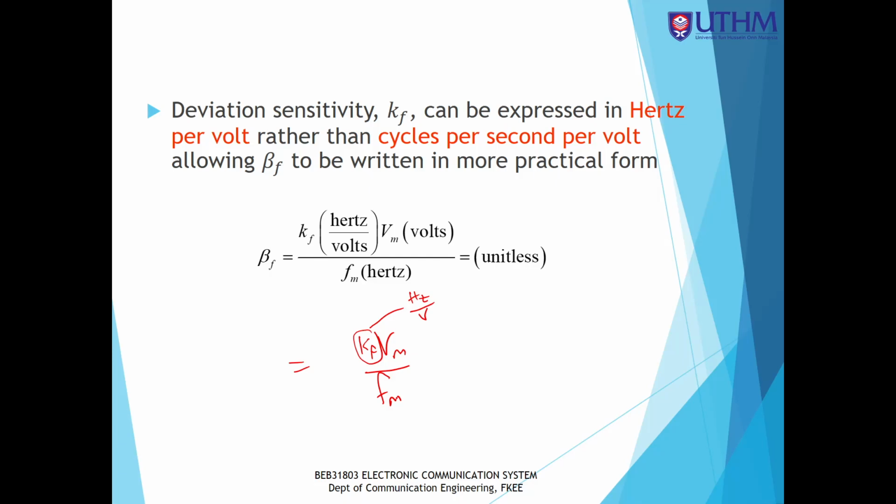It's a unitless parameter. Normally, most of the time in the exam, we use this equation for beta F, because normally in the exam we give the value of Kf in hertz per volt. Both of these are the same.